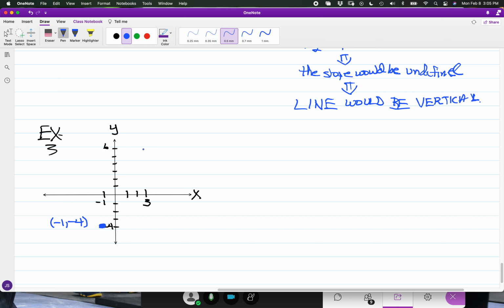Now say I have going out to 3, 6. And that these 2 points are connected by a straight line.